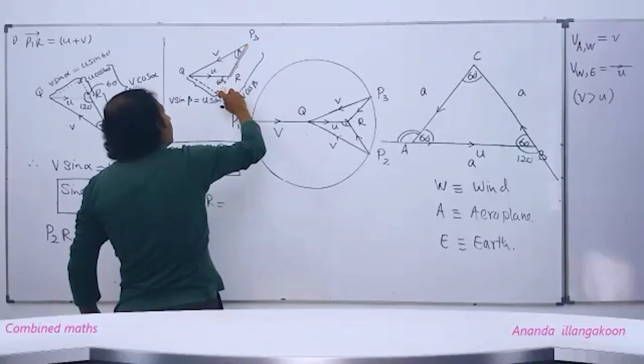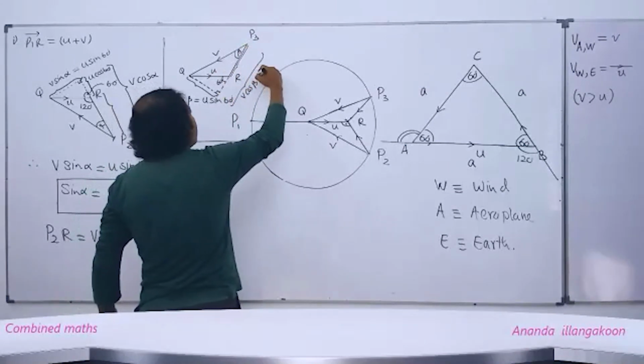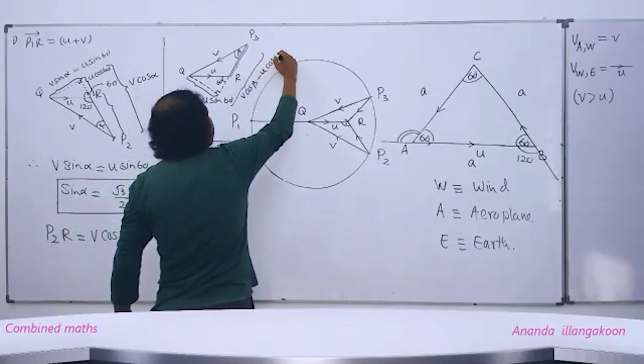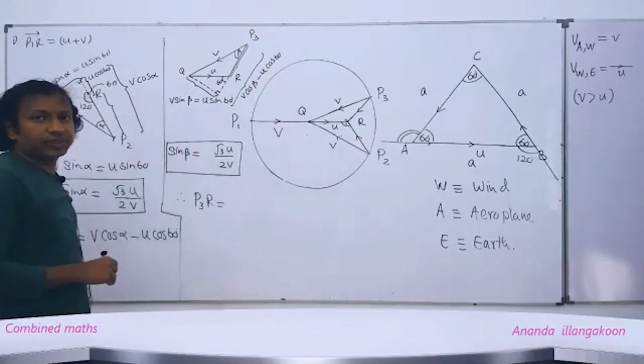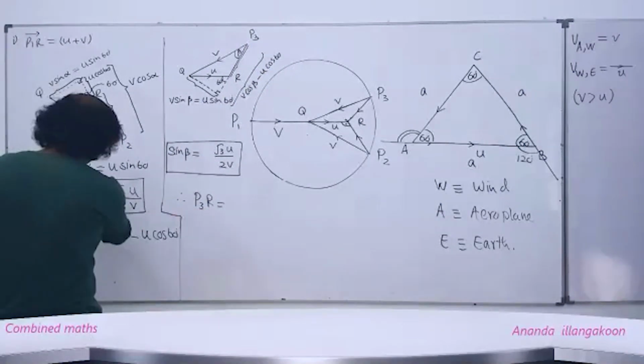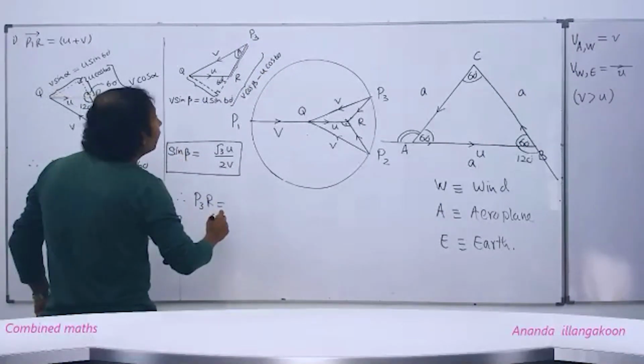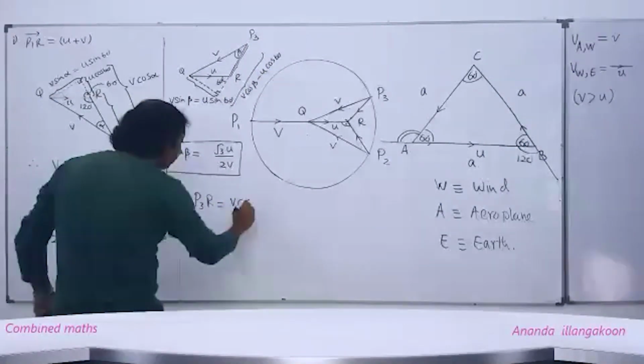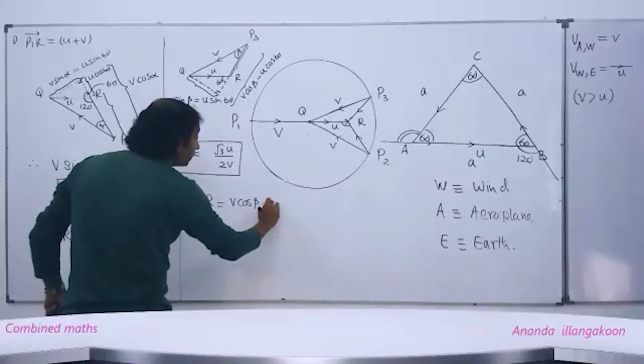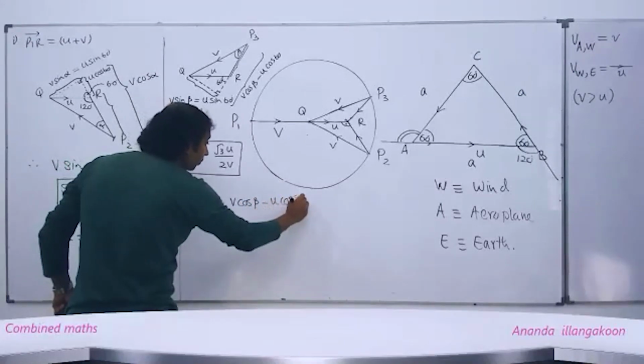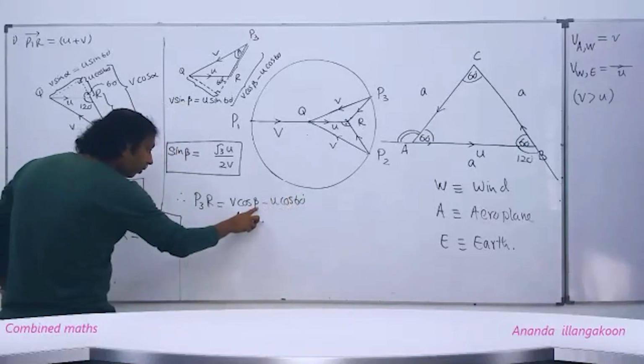From this V cos beta, we subtract U cos 60. Then you can very clearly understand P3R will be equal to what, this P2R, right? V cos beta minus U cos 60.